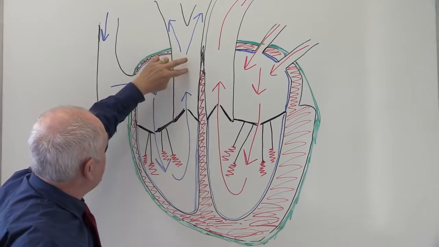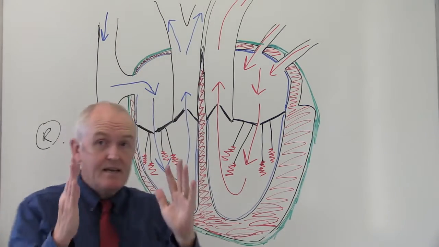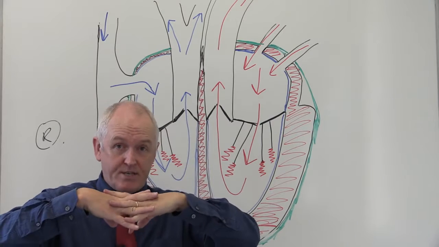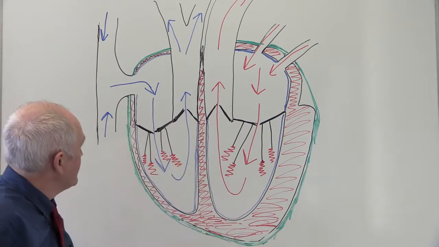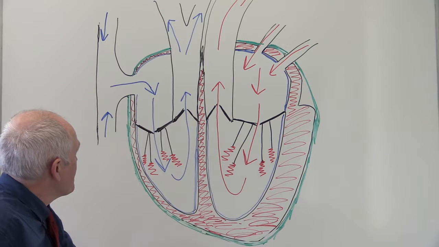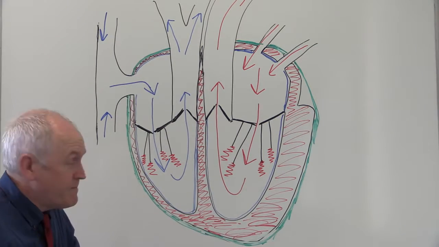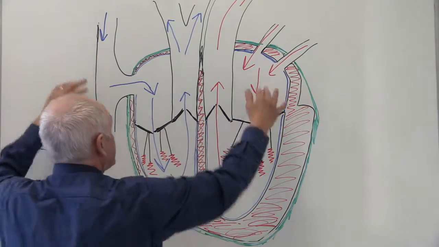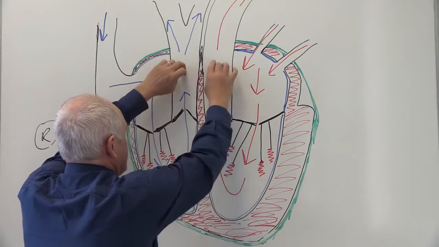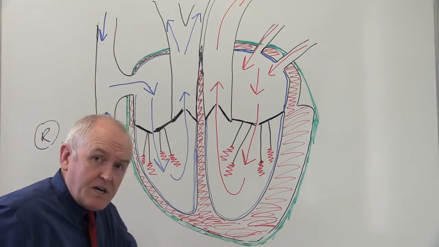At the end of contraction, if this blood tries to get back down again, that flow of blood is going to shut the pulmonary arterial semilunar valve. So we have a one-way flow of blood from the veins to the atria to the ventricles out into the arteries. That's what valves are.